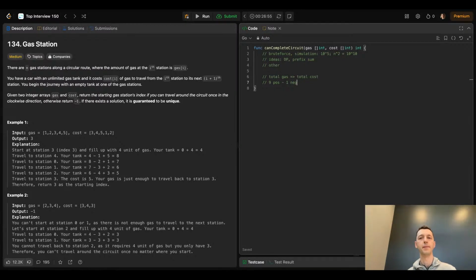If we have the prefix sum of both arrays, or maybe the net, what we want is at each point to have non-negative gas. We can't go below 0.